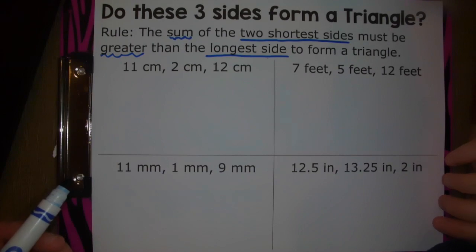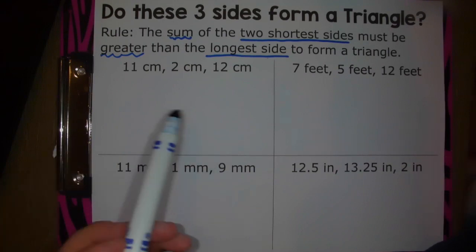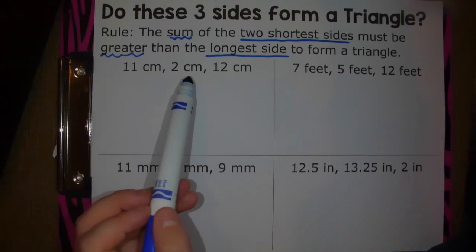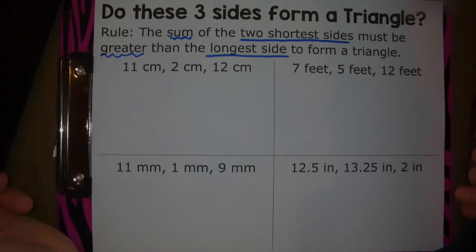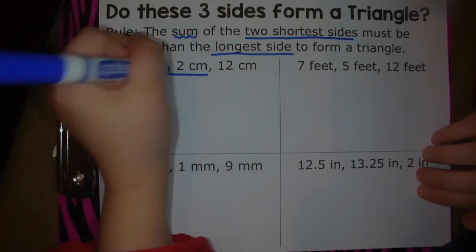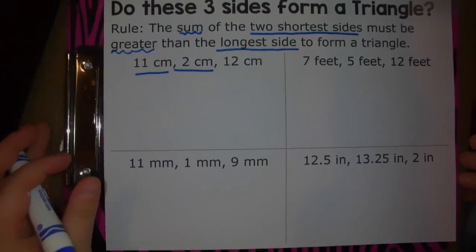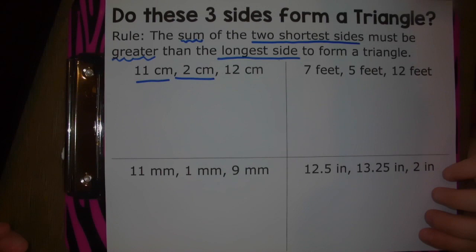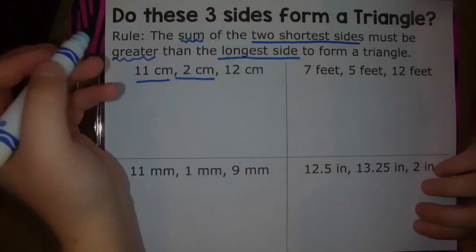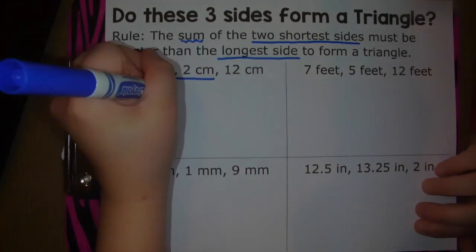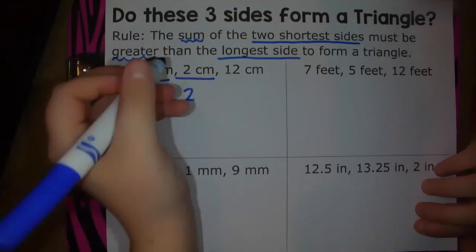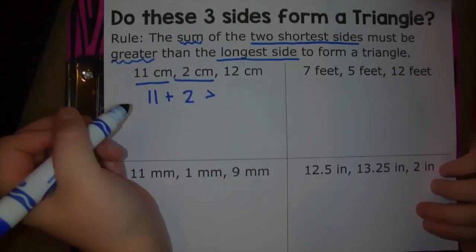So first I need to identify the 2 shortest sides when I have 11 centimeters, 2 centimeters, and 12 centimeters. And my 2 shortest sides are going to be 2 centimeters and 11 centimeters. Now, I'm going to lay this out to model my rule. The sum of the 2 shortest sides, which would be 11 and 2, need to be greater than the longest side of 12.